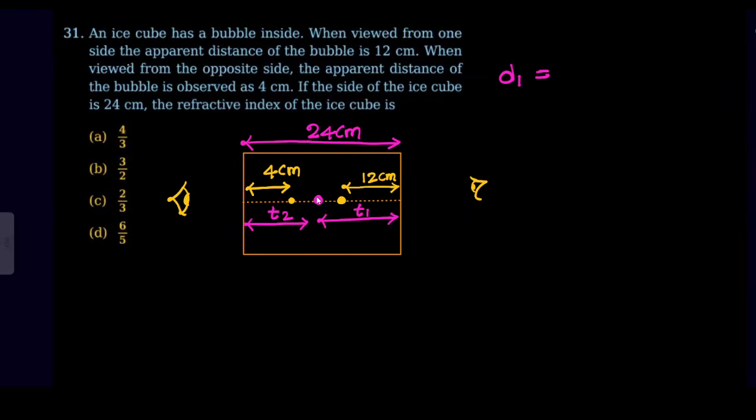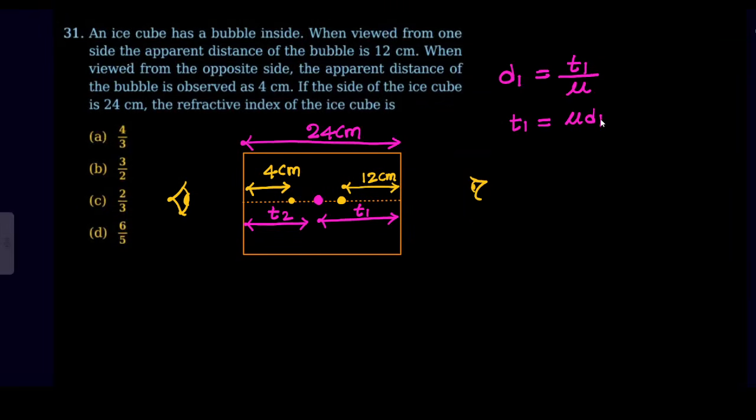Now this apparent depth, which will be given as T1 by refractive index, tell me now. The man is observing from the air. From this, can I get the T1 value? T1 is equal to mu into D1.